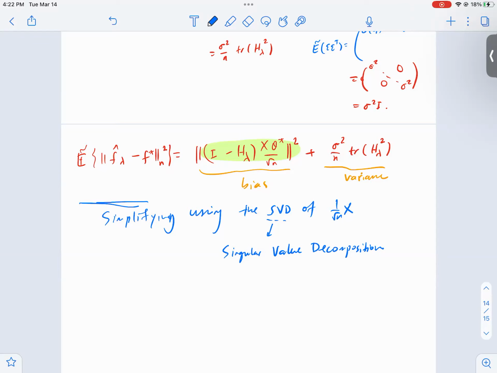Let me ask you, have you guys seen singular value decomposition? Anyone? SVD? Eigenvalue decomposition? Anyone remembers what singular value decomposition is? Should I look up SVD in Wikipedia?